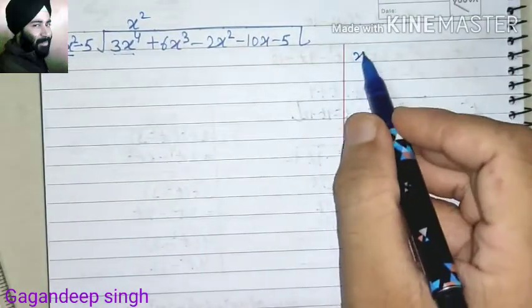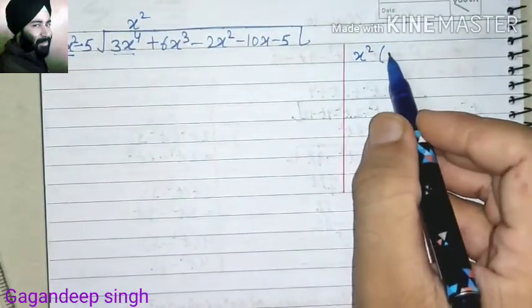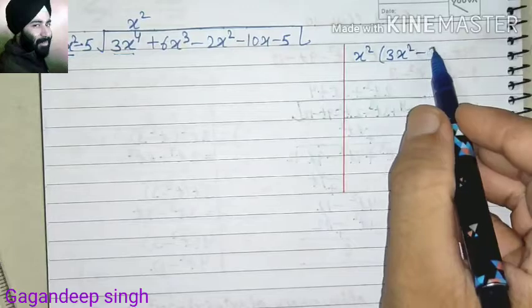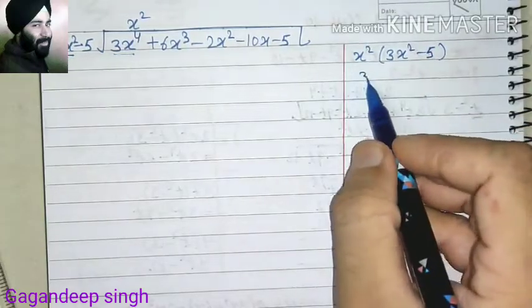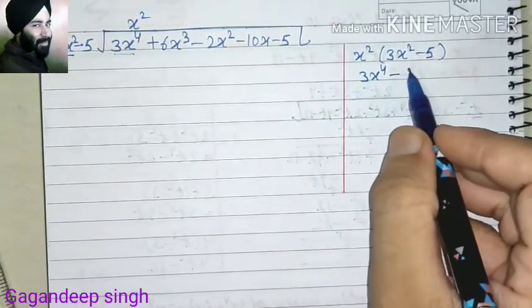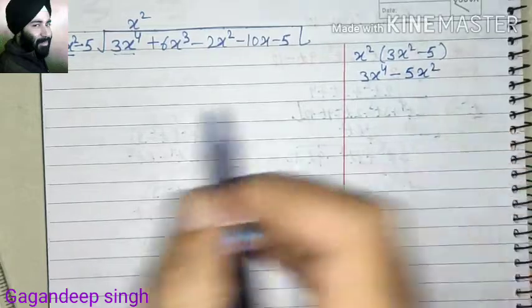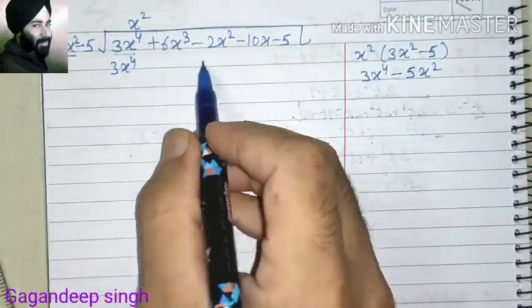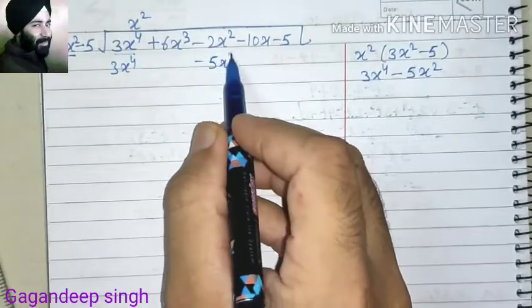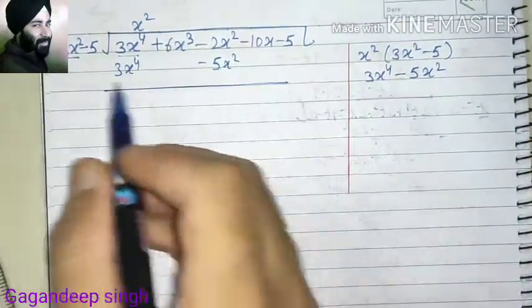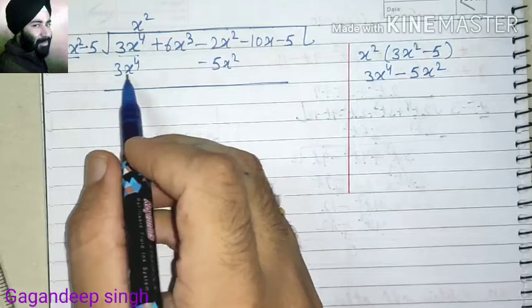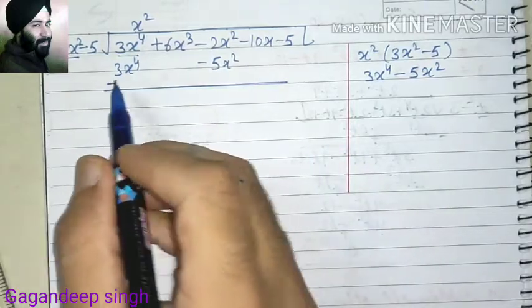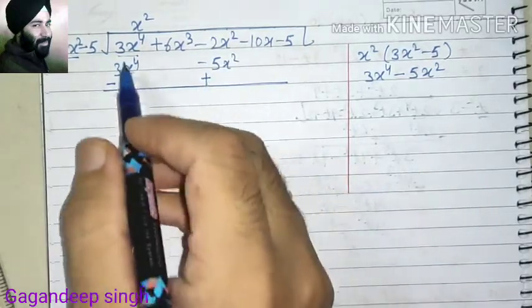So multiply x square and divisor, and product is 3x4 minus 5x square. So write like terms together, 3x4 minus 5x square, and we have to do subtraction. For this we will change the sign of lower terms. It will be minus, it will be plus.